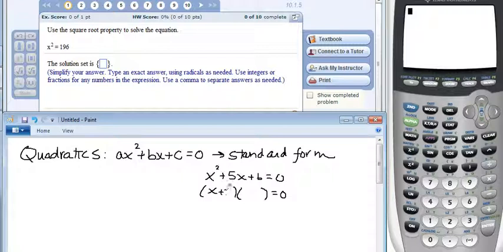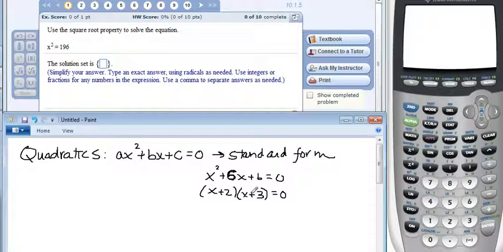That was x plus 2 times x plus 3. But what if I changed this to a 6? Now what? Well, now it's not factorable anymore because nothing multiplies to 6 and adds to 6 at the same time. So this doesn't work anymore. So we're going to find new ways of solving.